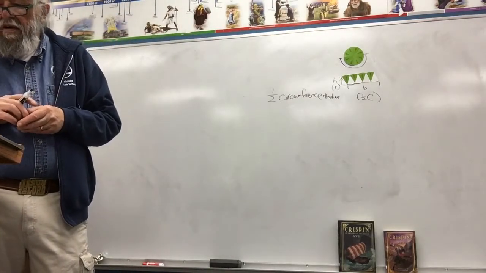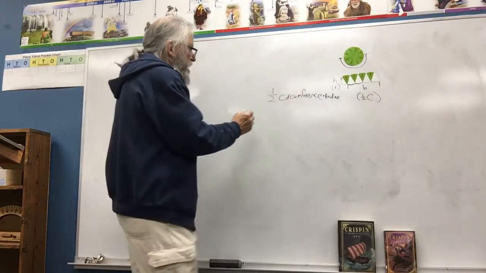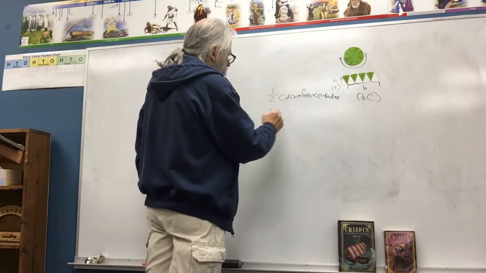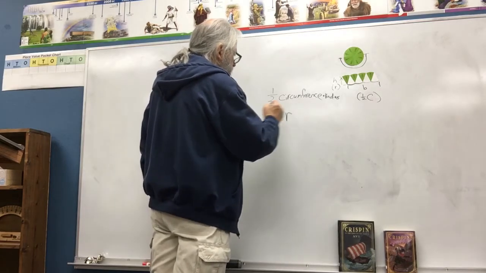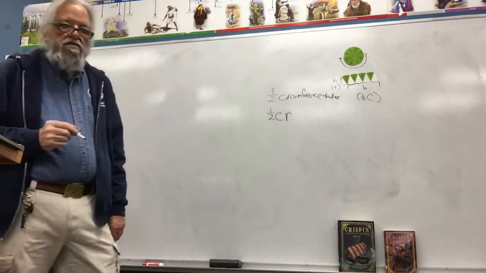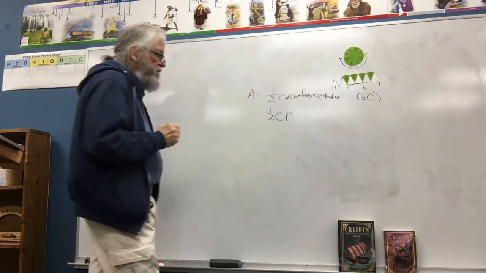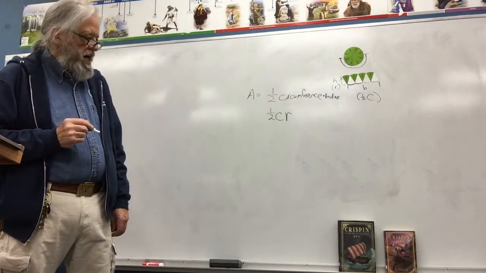Okay? Now, so here's your basic formula. Now I could rewrite that just with numbers. 1/2 circumference times the radius. Okay? So this is what area is. It's 1/2 the circumference times the radius. Okay?